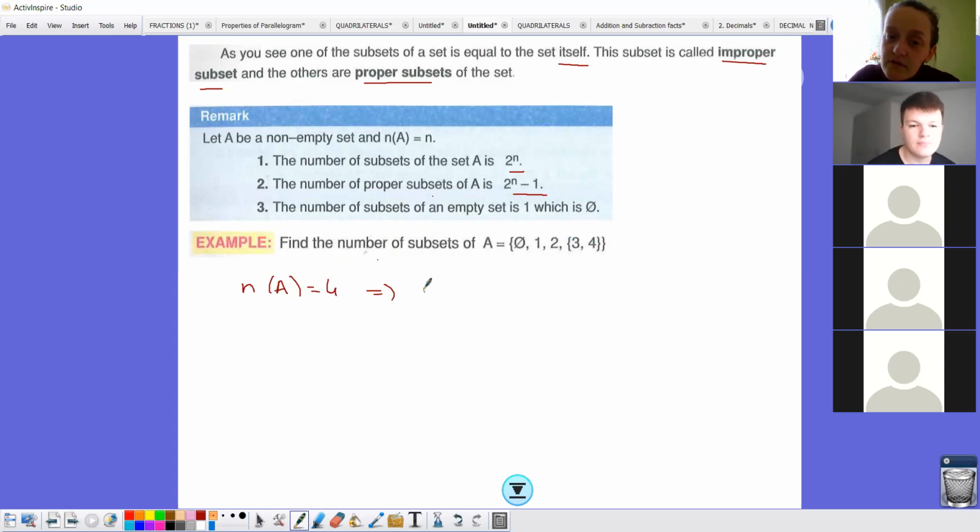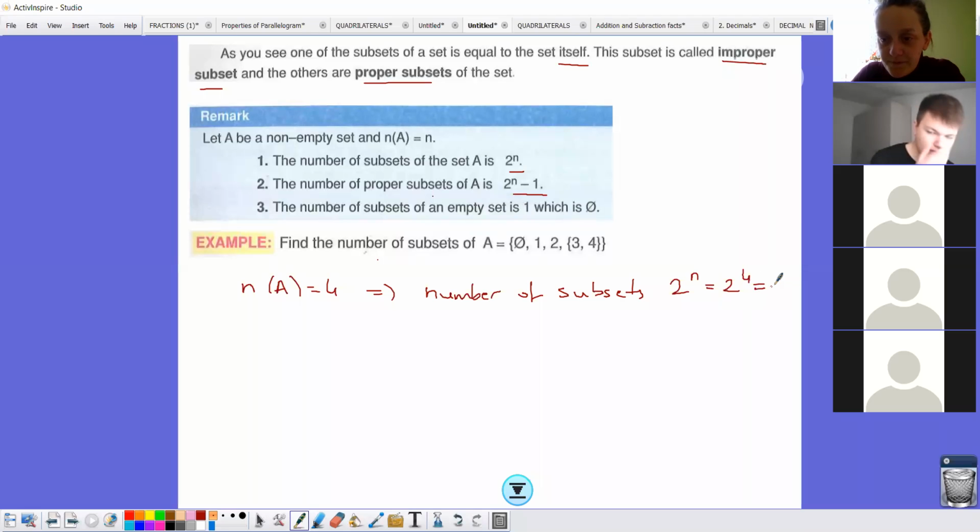Then the number of subsets will be 2 to the power of n, 2 to the power of 4, which is 16. So if you try to write all the subsets, you need to have 16 subsets for this. Is it okay?